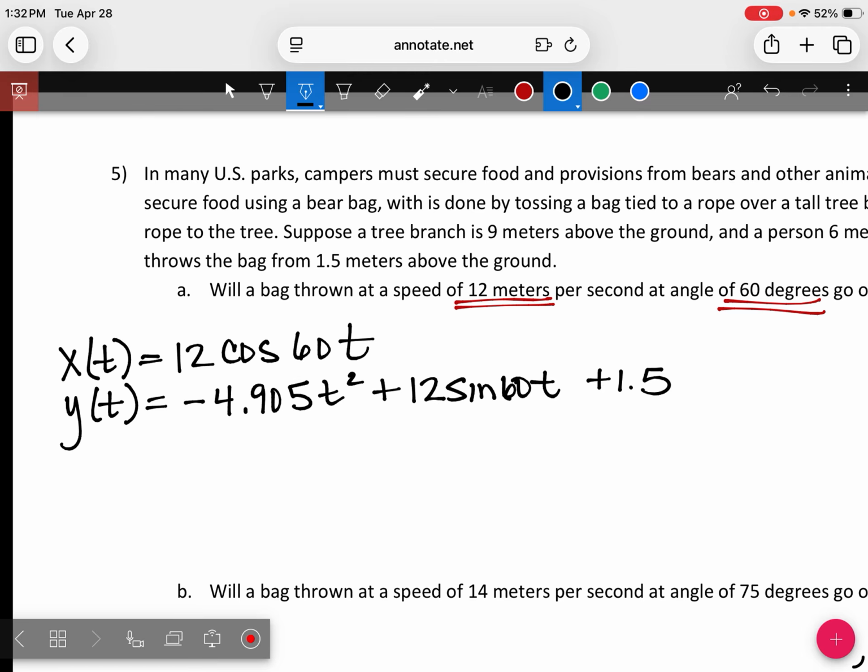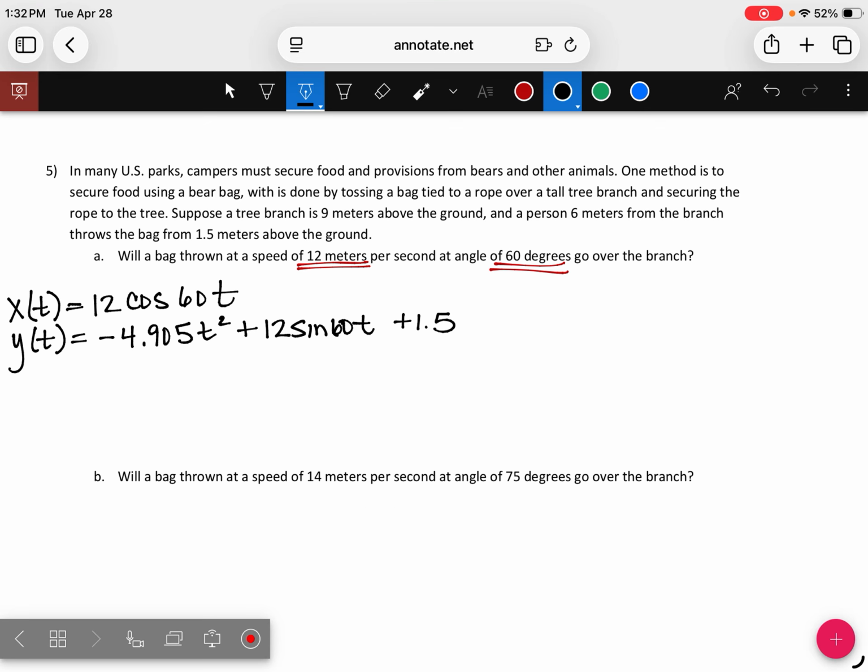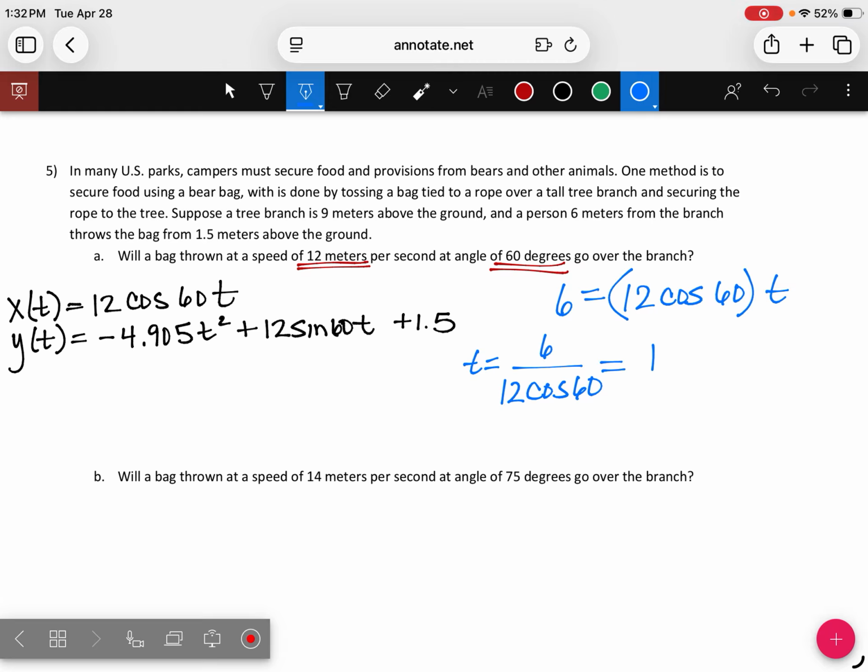So we're going to use the x equation and set it equal to 6. 6 equals 12 cosine 60, which is one number, times t. So you're going to take 6 and divide it by 12 cosine 60. That's going to give me the time that it takes for it to hit the branch. You should get 1 second.